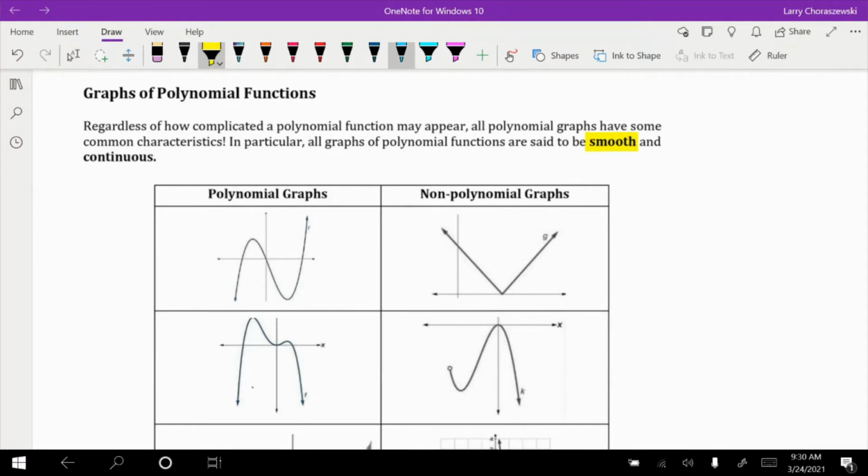And the best way to think about a polynomial function graph that's smooth is just to recognize that there are some nice rounded hills and rounded valleys. Okay, polynomial graphs can be very curvy. There are going to be some maximums and minimums and what have you, but where they occur are going to be like the tops of hills or the bottoms of valleys. And so for smooth, just think, hills and valleys.